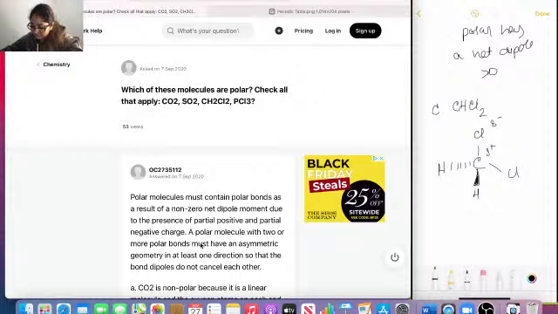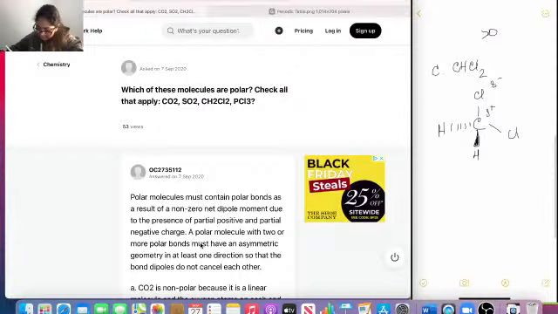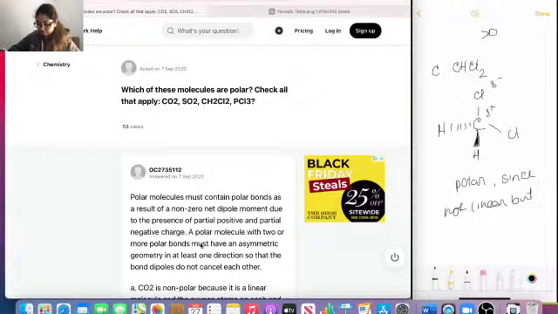It has a net dipole, and we can say it's a tetrahedral shape and it's asymmetrical, so it's not linear, so we can say polar, since it's not linear but tetrahedral.